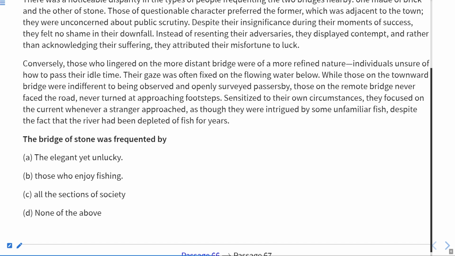They focused on the current whenever a stranger approached, as though they were intrigued by some unfamiliar fish, despite the fact that the river had been depleted of fish for years. So according to this, none of the above is the correct answer, as nothing like this is given in the paragraph. So here the answer will be D.